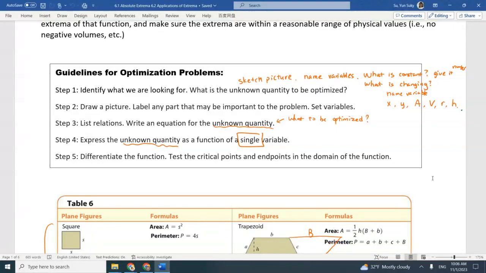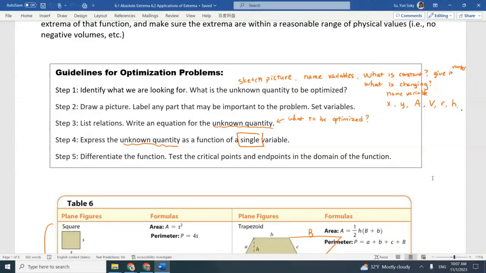So that's why you only want one variable. Don't set too many variables. Okay, everybody? And again, for the derivative of a variable, we use those derivative laws, right? But the derivative of a constant is 0, right? So if you set too many variables, you make the derivative harder, right?